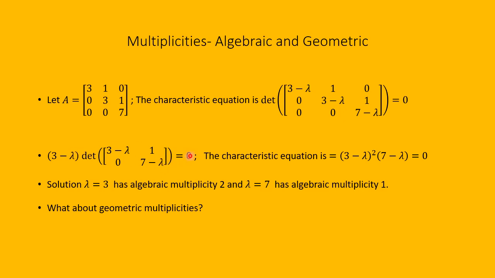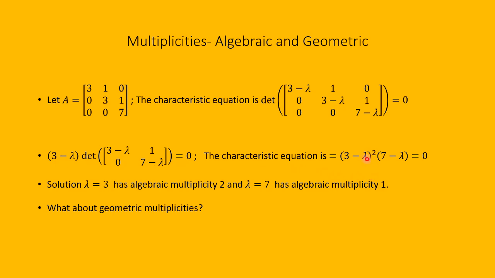So this has to equal 0. And this determinant is 3 minus lambda times 7 minus lambda minus 0. But we have another factor of 3 minus lambda out front.